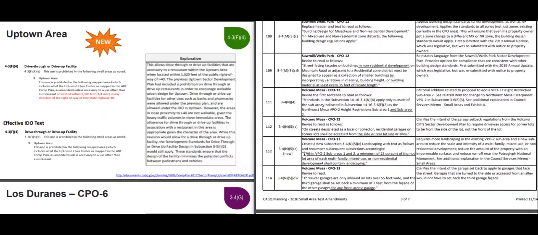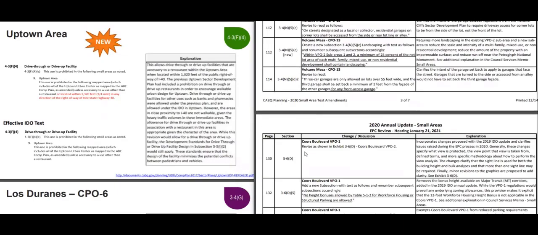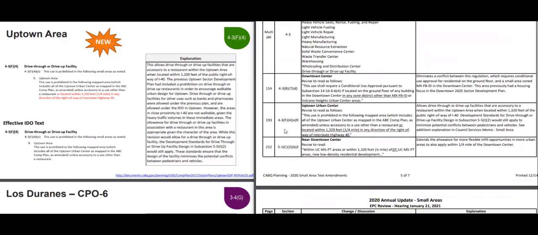Next change is to the uptown area. The first one here is on page 193 of the IDO. It's section 4.3F4E9. It applies to the uptown urban center, and this regulation for drive-through and drive-up facilities will be revised as follows.